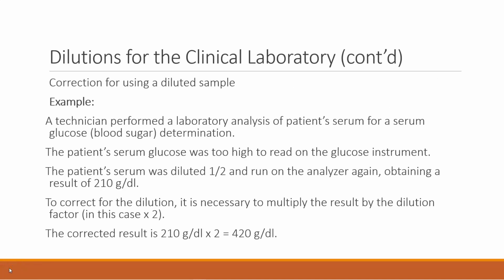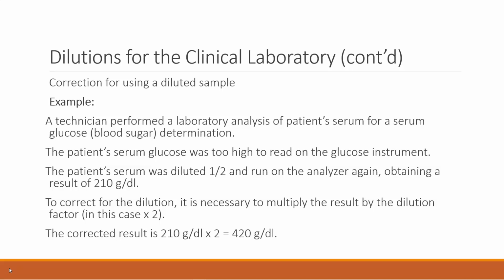So here's an example. The technician performs an analysis of the patient's serum for glucose, which is also known as blood sugar. The patient's serum glucose was too high to read on the glucose instrument. So what was done, and sometimes if you're lucky enough to work in a lab, the machine will automatically do this dilution for you. But if not, you have to go by your standard operating procedure to do a dilution of the sample.